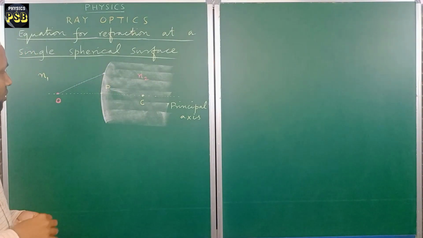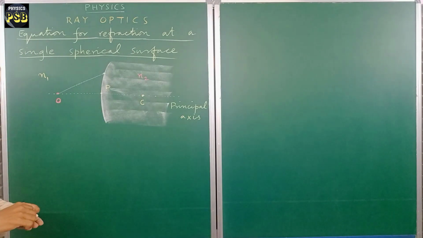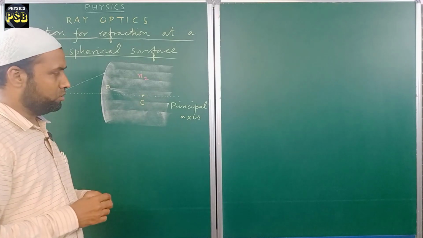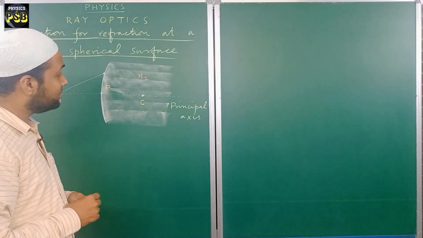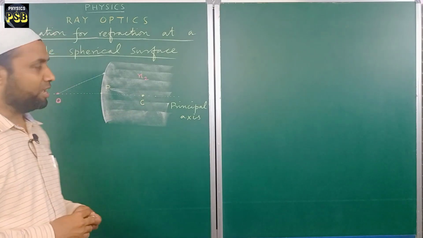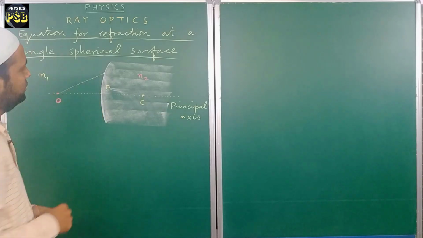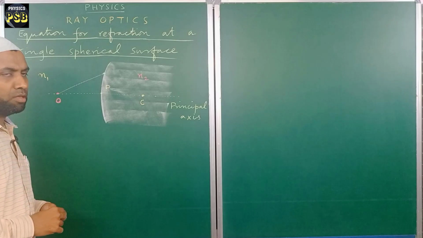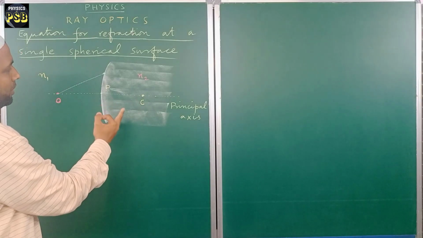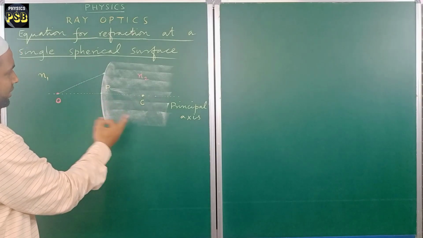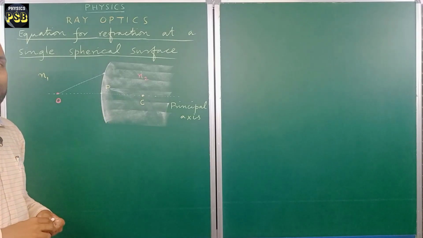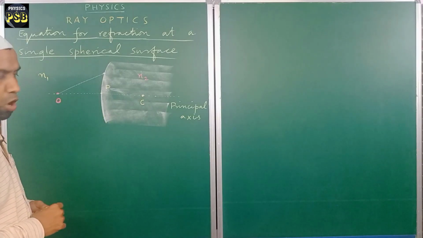Now before going ahead, the line that passes through the center of curvature and meets this spherical surface, which has separated two media of refractive index N1 and N2, is referred to as the normal.